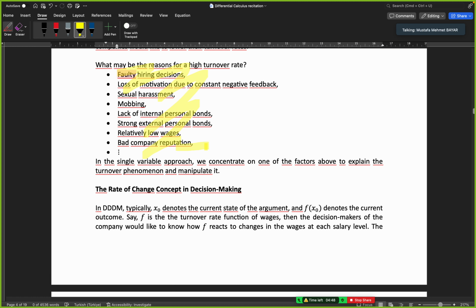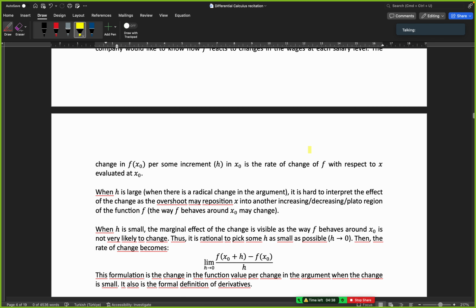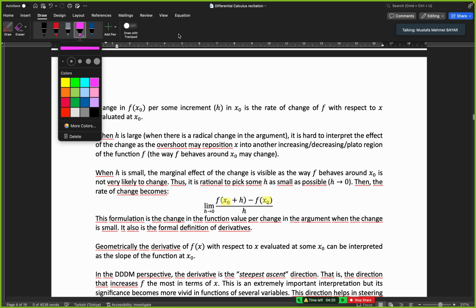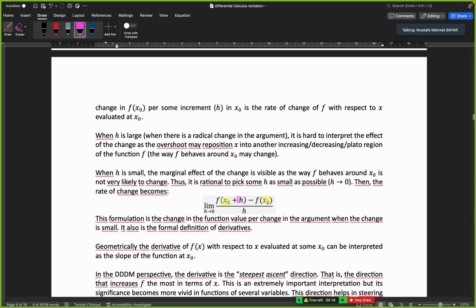And I measure this effect using the concept rate of change. So let's assume that x0 is the current level of mobbing within my company, and h is the action, the result of the action that I took, which just lowers the level of mobbing.